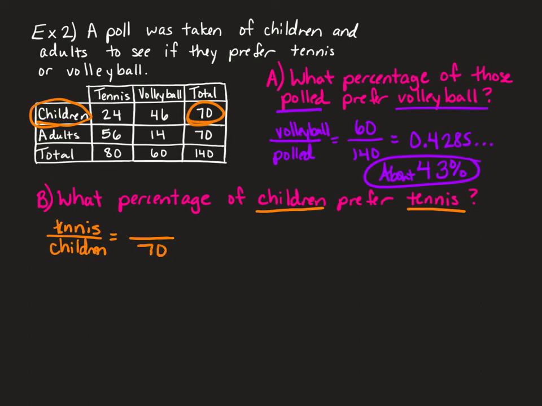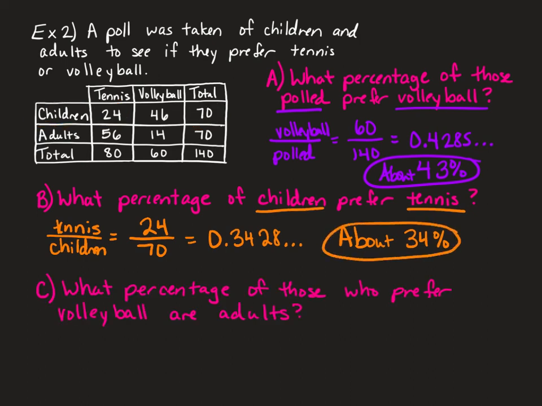And then looking on that same row of children, look at tennis, and there were 24 children that chose tennis. So that's our fraction, 24 out of 70. When we divide that, we get the decimal 0.3428, and that rounds to about 34%. When we change our decimal to a percent by moving it 2 places right, it rounds to about 34%.